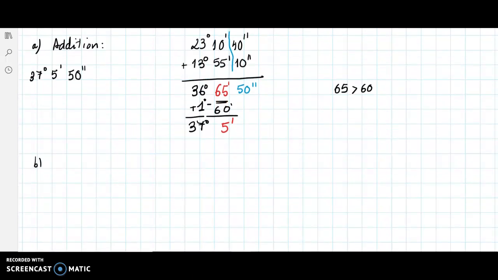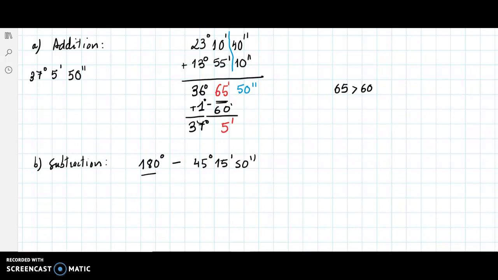Let's see now a subtraction. We are going to subtract 180 degrees minus 45 degrees, 15 minutes, and 50 seconds.